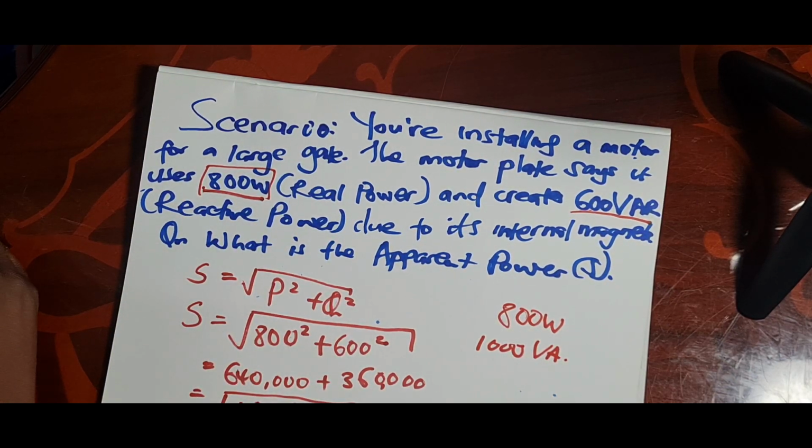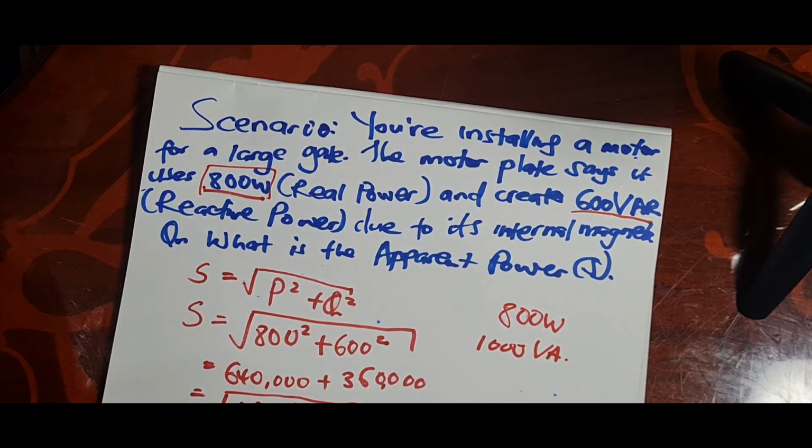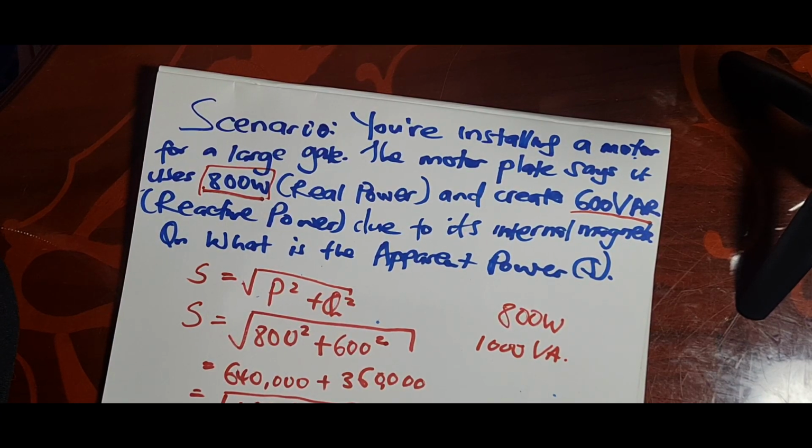It will still require you to understand the concept of the Coca-Cola so that you don't get anything wasted. Notice that the cable has to carry 1,000 VA even though the motor only does 800 watts of work. That extra 200 is the foam we talked about.